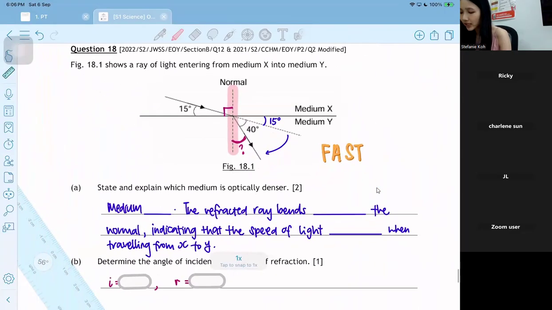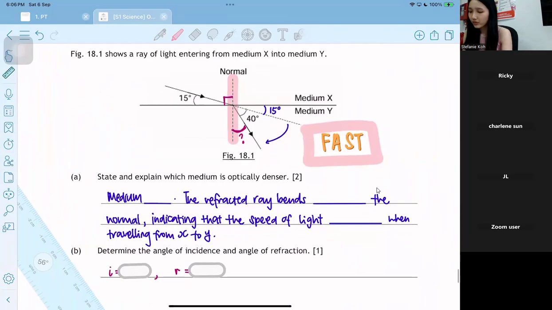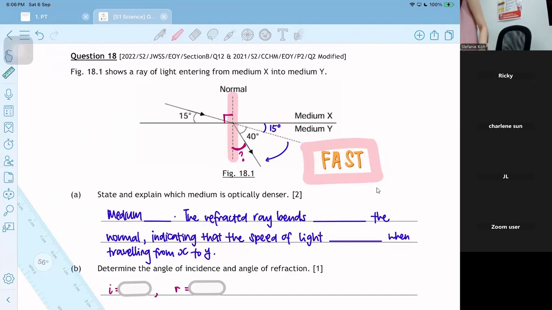Okay, can you guys now, those who have not tried or those who have tried, I want you to relook your answer using the fast rule. Look at how the ray bent, and tell me which is the more crowded shopping mall.